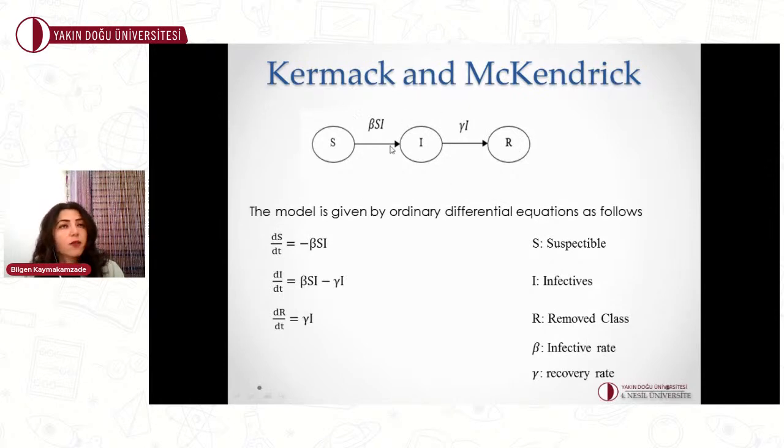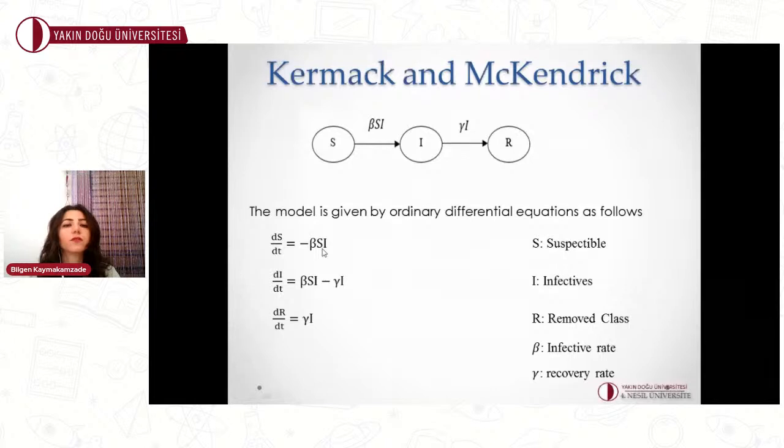And using this kind of structure, we obtain the ordinary differential equations like this. When we construct these differential equations, we use minus to express leaving a compartment, and we use plus for entering a compartment. So we say that we leave the susceptible class with the coefficient minus beta SI, so we put here minus beta SI.